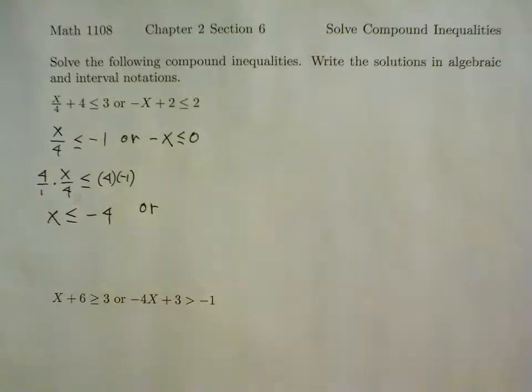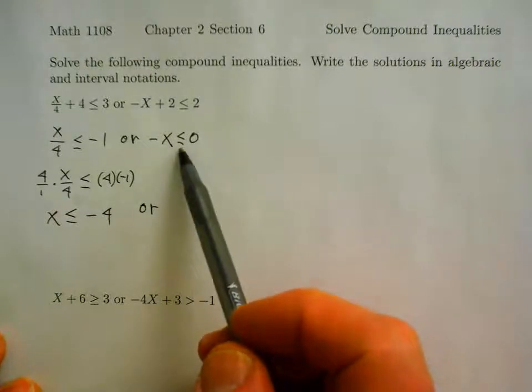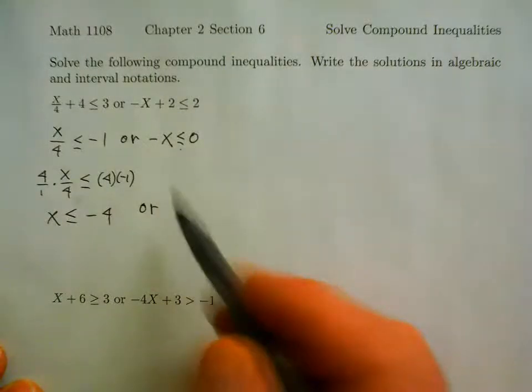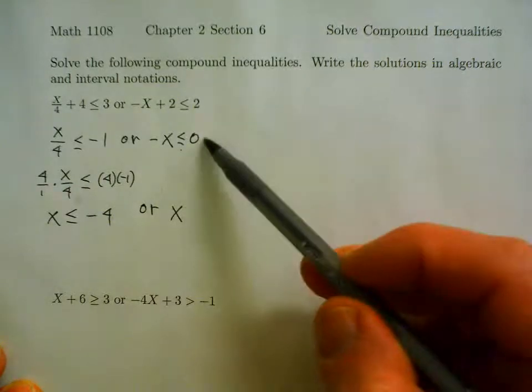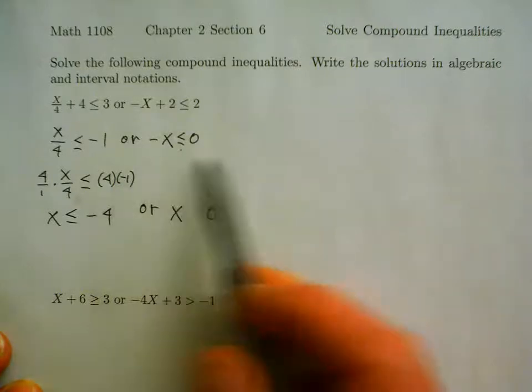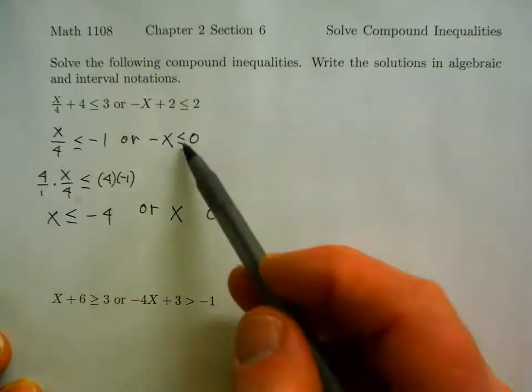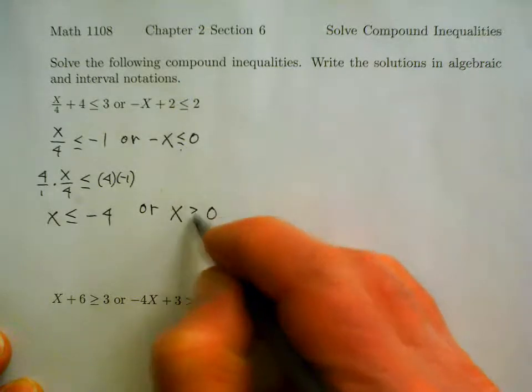We can divide both sides by negative 1 and switch the inequality to its opposite. So negative x divided by negative 1 is x. 0 divided by negative 1 is 0. But since we're dividing by a negative, we have to switch the inequality symbol from less than or equal to greater than or equal.